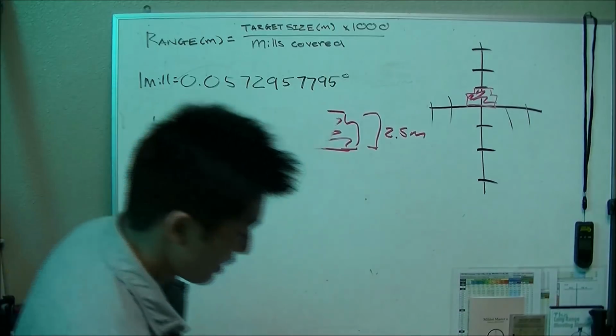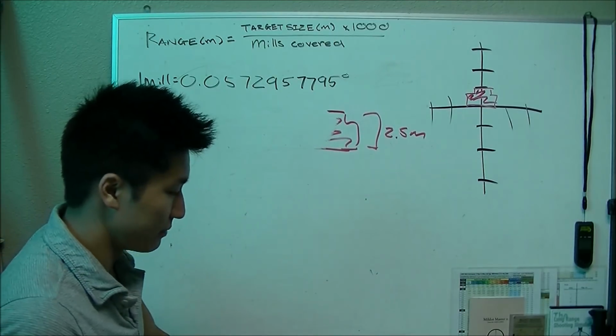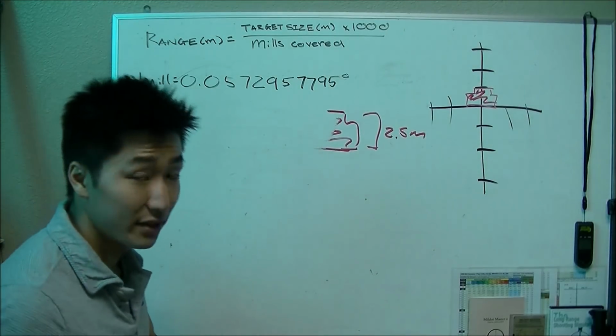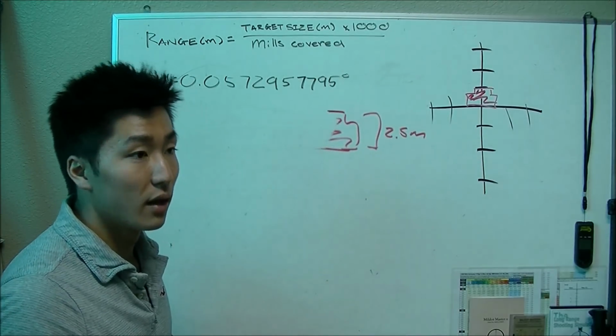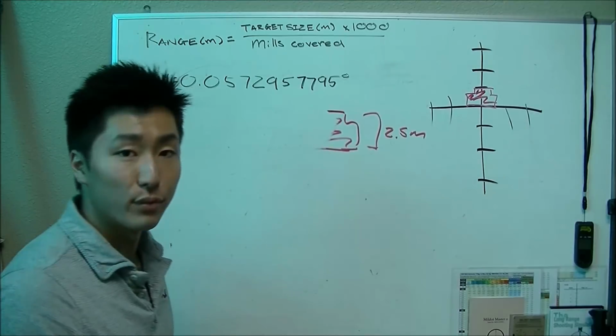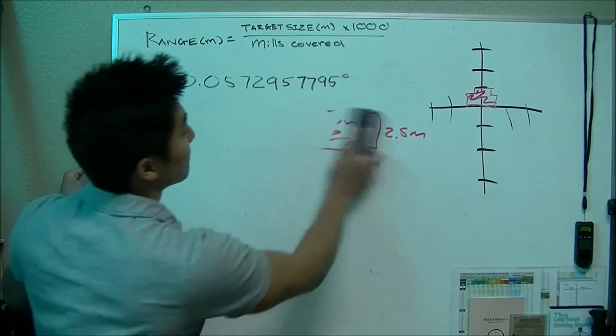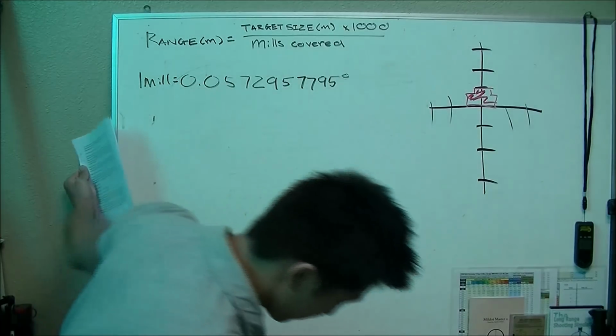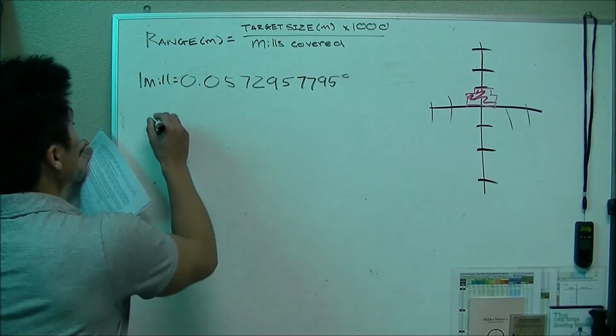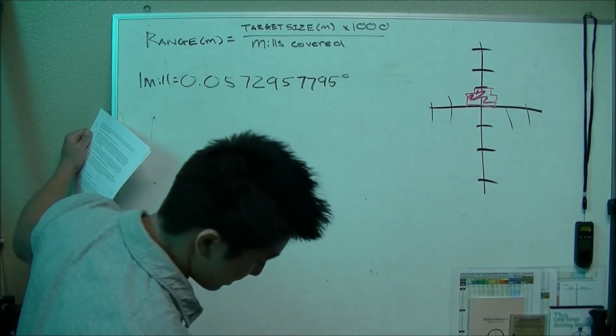Alright, so I'm going to tell you, but think about it. What is 3 mils at 1,000 meters, right? Okay, I hope you thought about it. So 1 mil, oh, did I say 3?